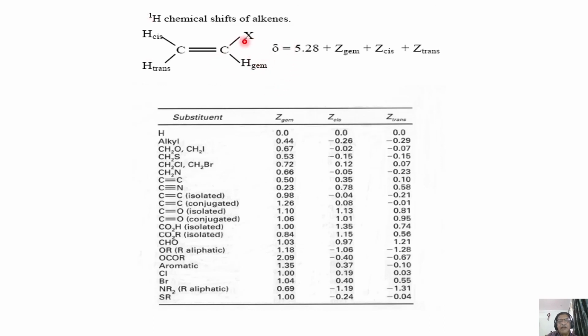If the geminal group is, let us say, a proton, then the value for this is 0. If it is CH2N, take 0.66 as geminal, and trans, if it is, let us say, bromine trans, you take 0.55. Like that you add up and you will know what the chemical shift should be for this proton. Like that you can easily do it.